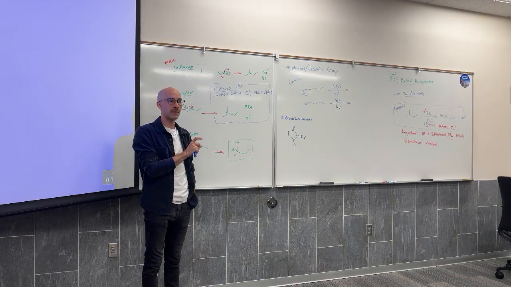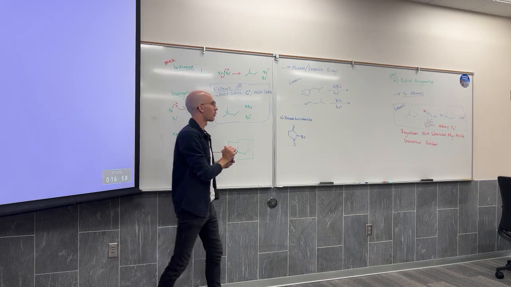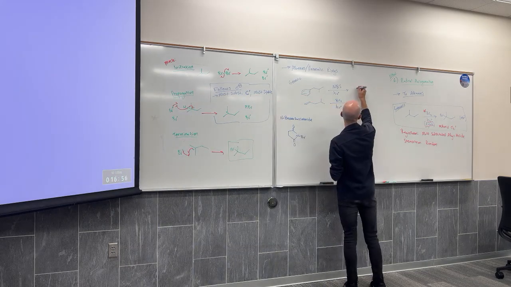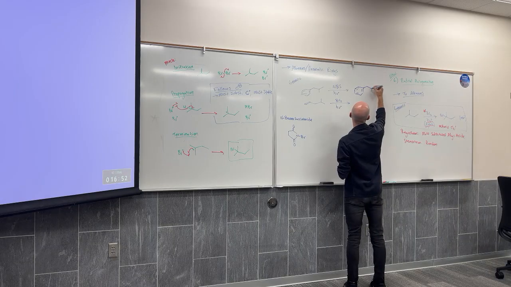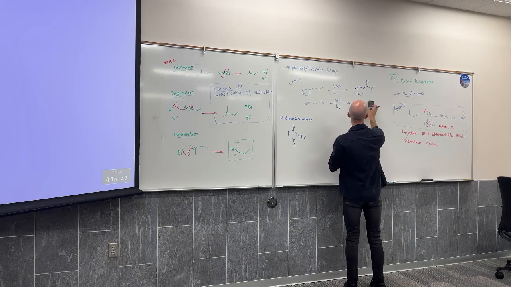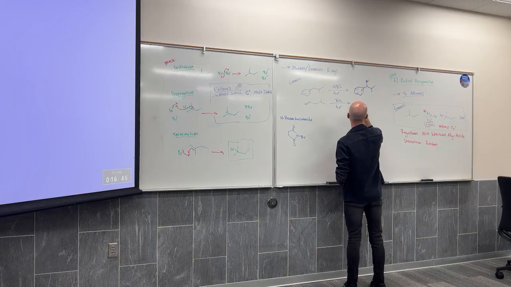The regiochemistry with alkenes or aromatic rings present is not to the most substituted carbon. The regiochemistry is to the benzylic position or to the allylic position.